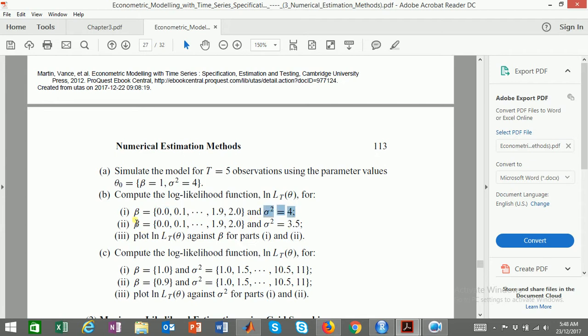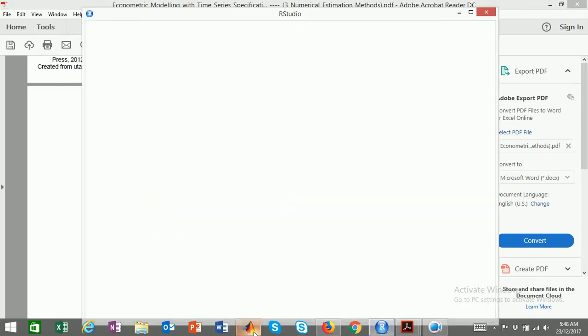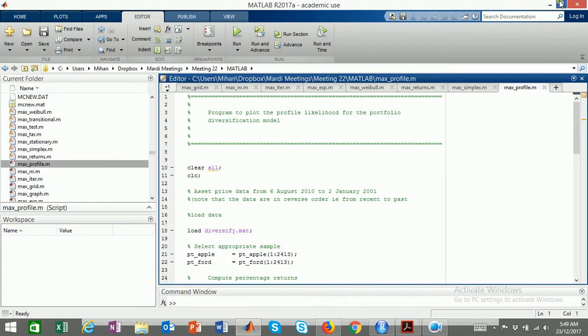We have the parameter given to us again and variance, and we need to plot. Then compute log likelihood function for some new case, where the parameter beta is a scalar and we have a heteroscedastic situation. We have a vector of variances again. So let's see how it looks in MATLAB and in R.